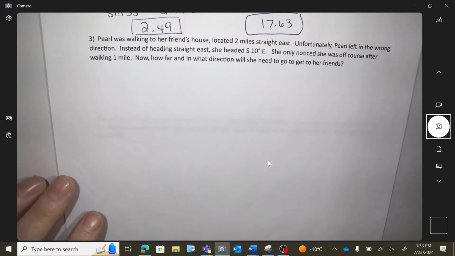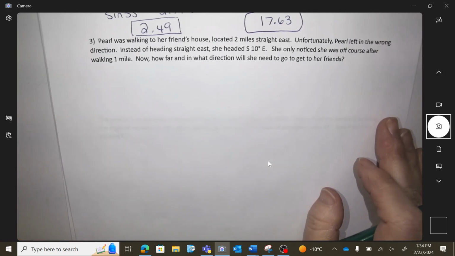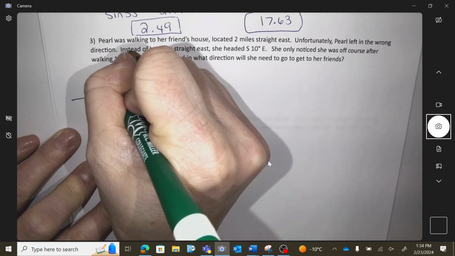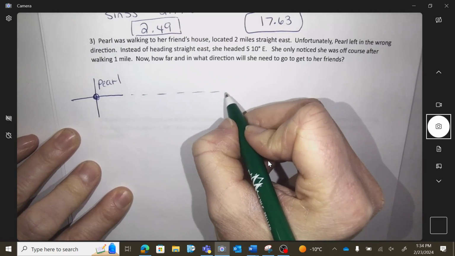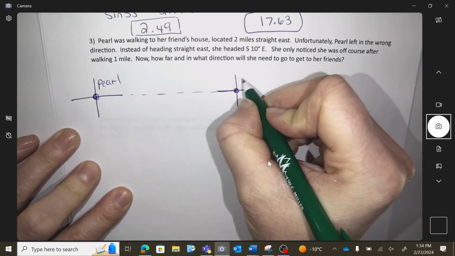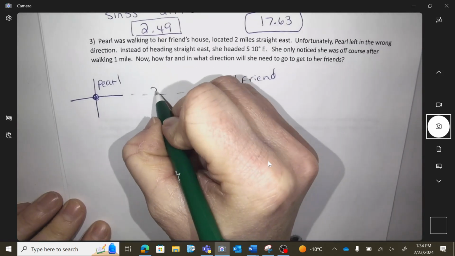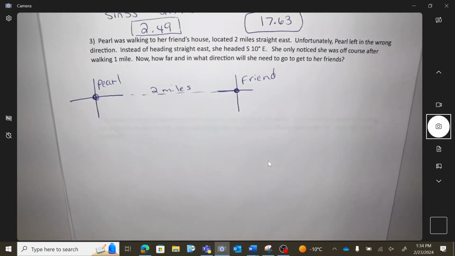Okay, Pearl was walking to her friend's house, which was 2 miles straight east. Pearl to her friend's house, straight east. I'm doing little compasses, by the way.